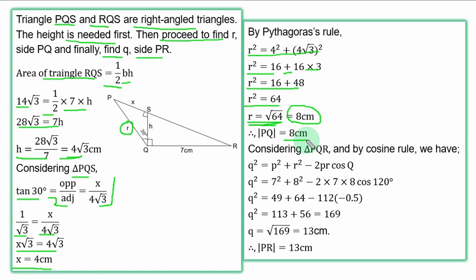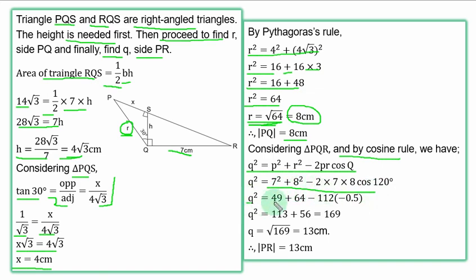To find q, which is side PR, you need to consider the whole triangle PQR. Now, you know this to be 8, this is 7, the whole of this angle is 120. You can use cosine rule. The cosine rule stated in terms of q, the unknown side, is this. You replace p, r and angle Q with what they stand for, you have it in this form.